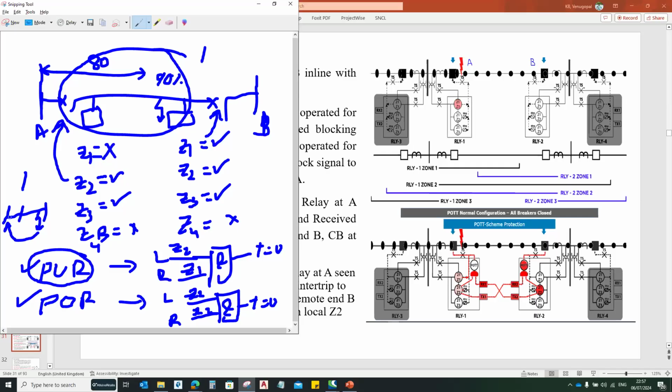So to avoid this, we use the blocking scheme whenever we have a short distance line.